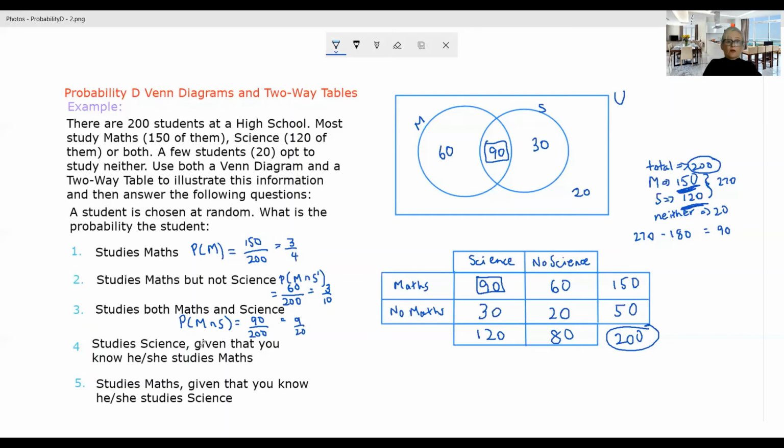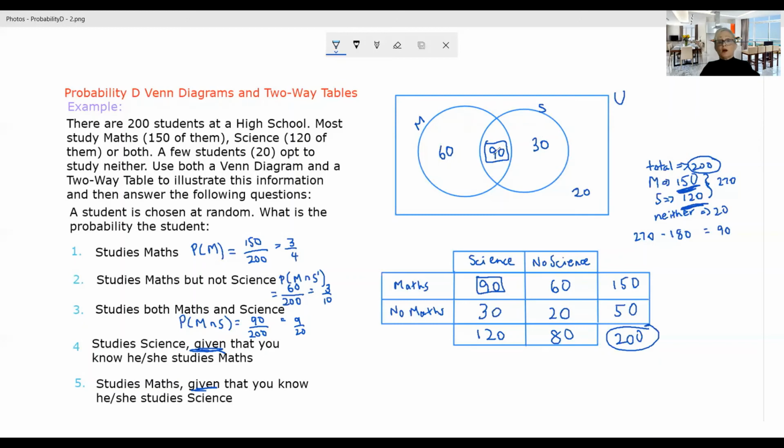Now, these are called conditional probabilities. Let's just think about this really carefully for a minute. So we're talking here about the probability that a student studies science, given that you know they study maths. So what you're actually required to do here is to only consider the people studying maths. And out of those, what is the probability that the person studies science?